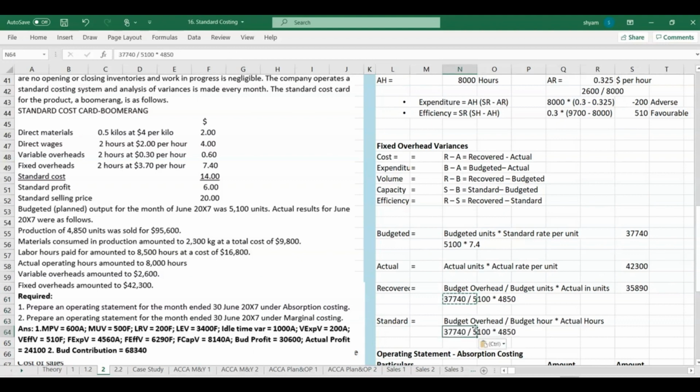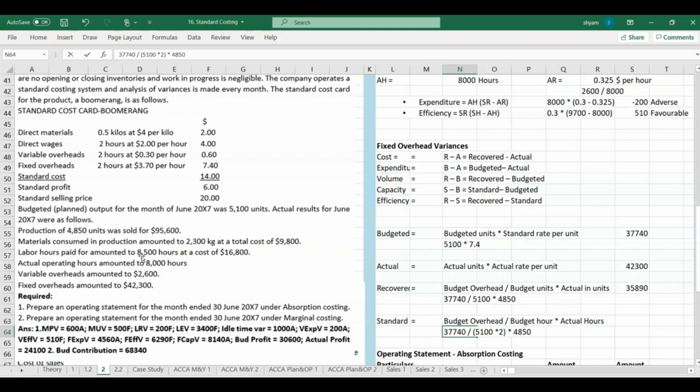So budgeted overhead is correct. We got that number. What are the budgeted hours? The hours it takes to produce this. The actual hours worked is what we should take. So let's check. Each unit should take 2 hours. So that is clear. This answer should be multiplied by actual hours.